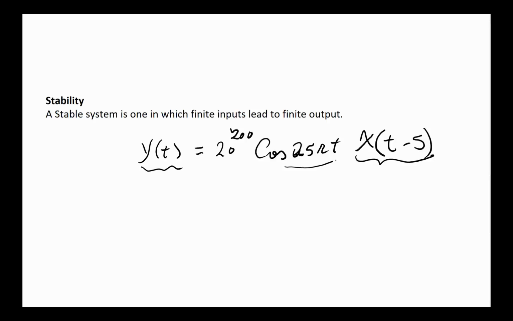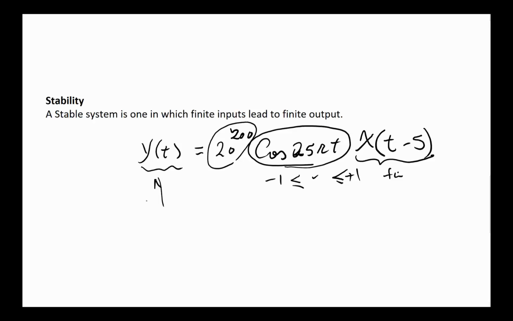There's no way, because cosine ranges from -1 to +1, larger or equal to -1 and less than or equal to +1. And 2 to the 200 is a big number, but it still is a finite number. So y of t is always finite. Therefore, this is a stable system.